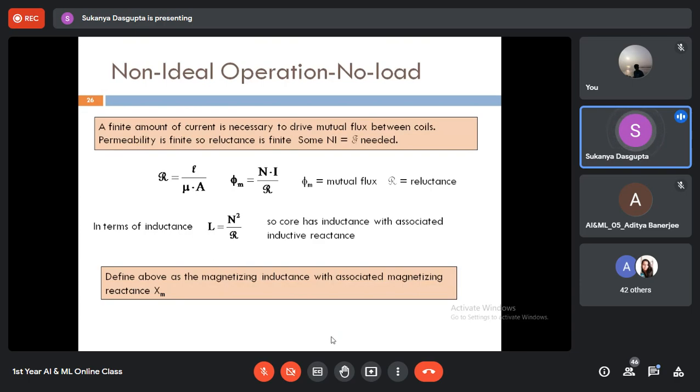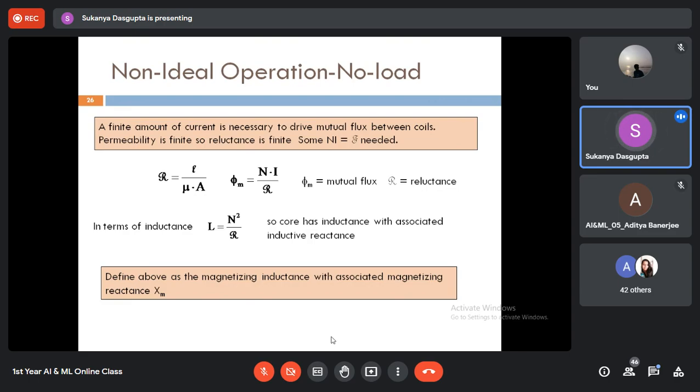Now, next, coming to the definition of permeability, because permeability is to be determined in the case of a magnetic circuit. A finite amount of current is always necessary to drive the mutual flux confined within the core, so that it cannot be demagnetized. So permeability is finite, so reluctance is also finite.